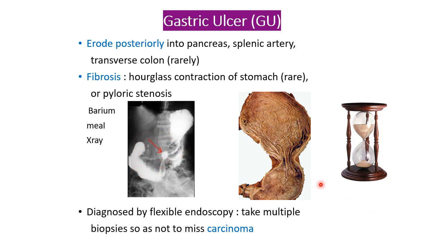For your information, this is an hourglass that we usually use as a timer. Diagnosis these days is quite straightforward, with flexible endoscopy, and as a stomach ulcer, chances of malignancy are possible, so you have to take multiple biopsies so as not to miss gastric carcinoma.